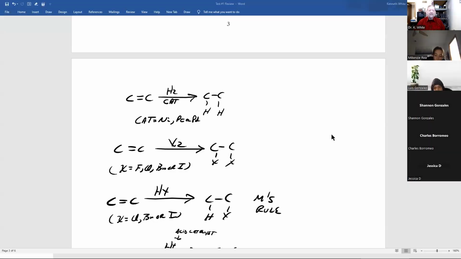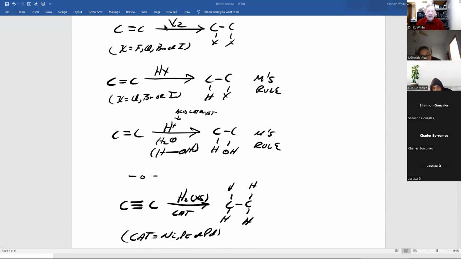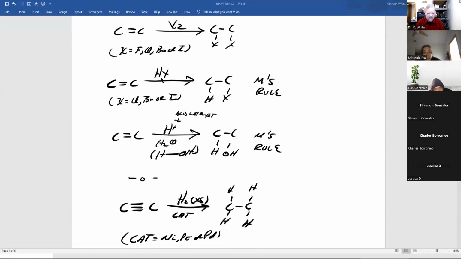All right, next, if you take a double bond and react it with halogen gas, X2, where X can be fluorine, chlorine, bromine, or iodine, you break the pi bond, and each carbon of the double bond gets a halogen. Next, the first 2 are symmetrical addition.